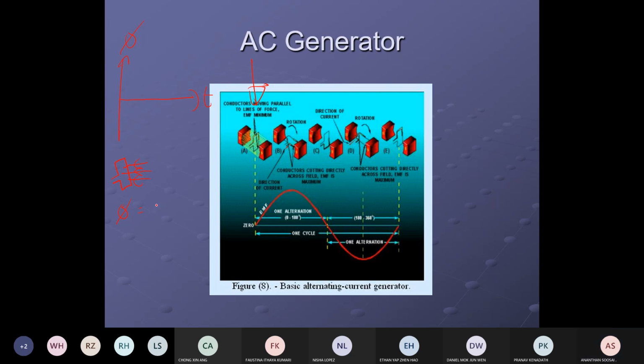Flux linkage is B dot A dot N, right? So when the coil is vertical, the flux is maximum, because the magnetic field is at 90 degrees to the area, and the area times B gives you the flux. So when the coil is vertical, the flux will be maximum.